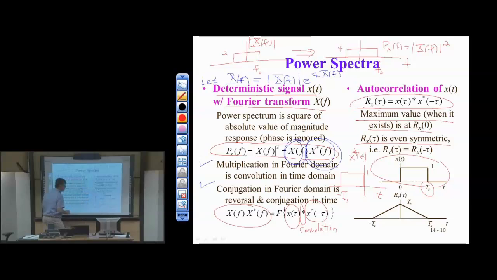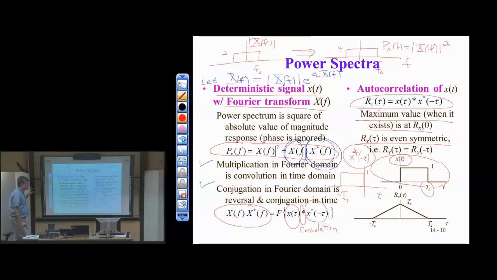I'm convolving x of t with the flipped and conjugated version of itself. So I'm convolving x of t with its conjugated and flipped version of itself.